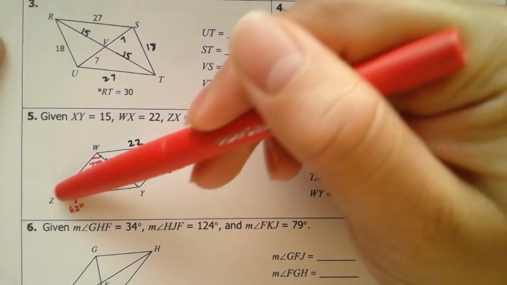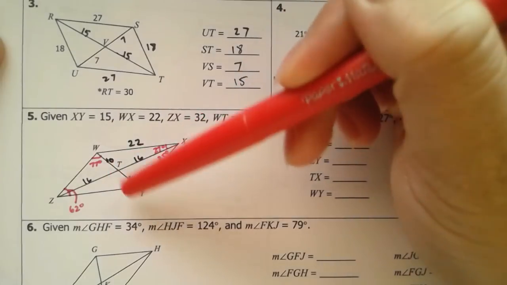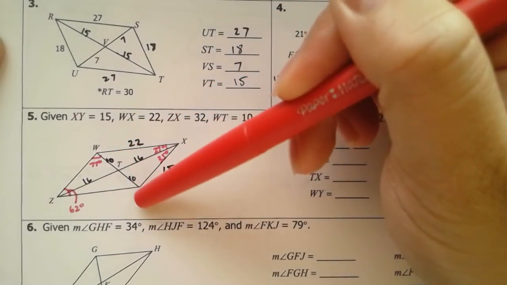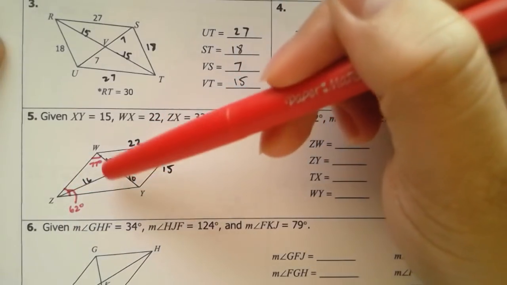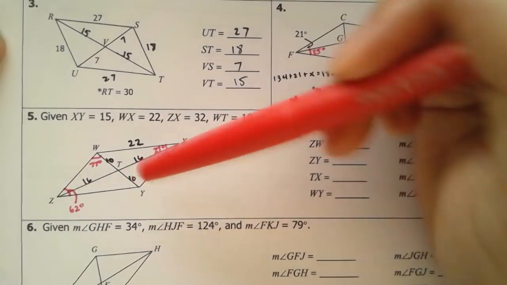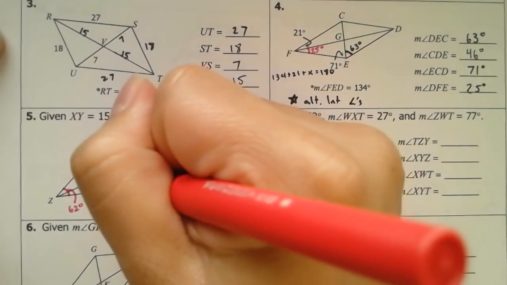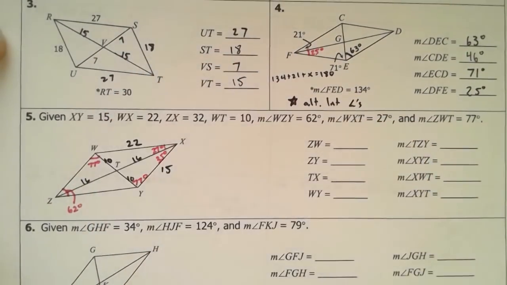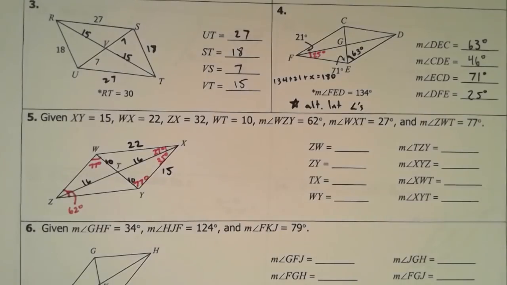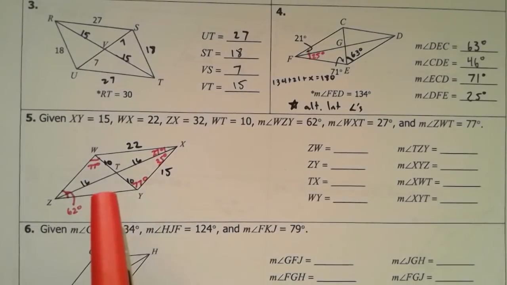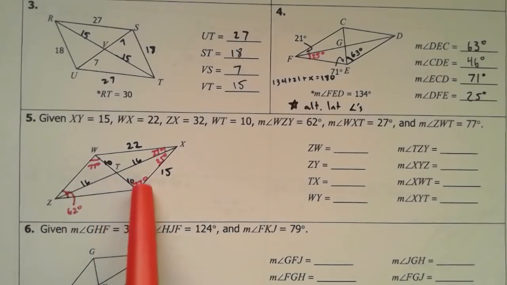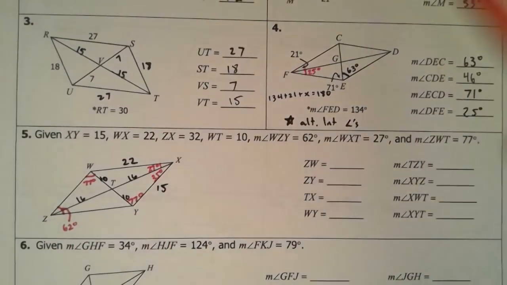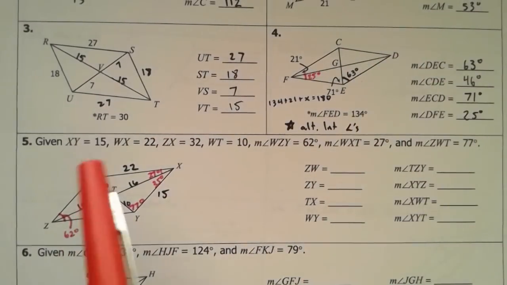So then this angle here is an alternate interior angle to this one here. So ZWY is 77. This one here is also 77 degrees. And we know, and we could have started with this actually, that this angle here and this angle here are consecutive, so they have to be supplementary. That's a property we have as part of our parallelogram properties.